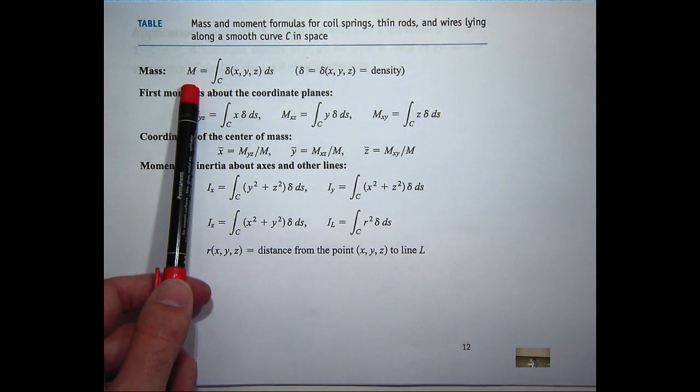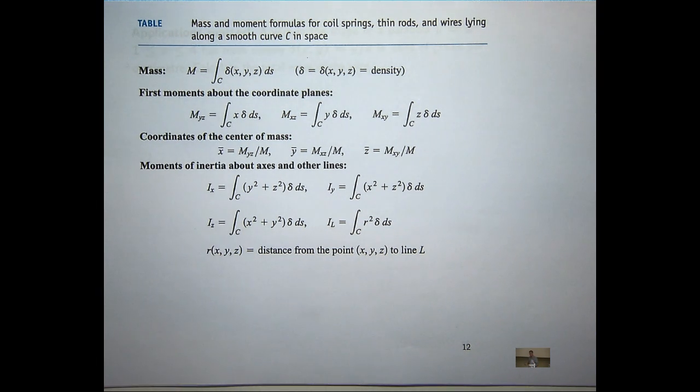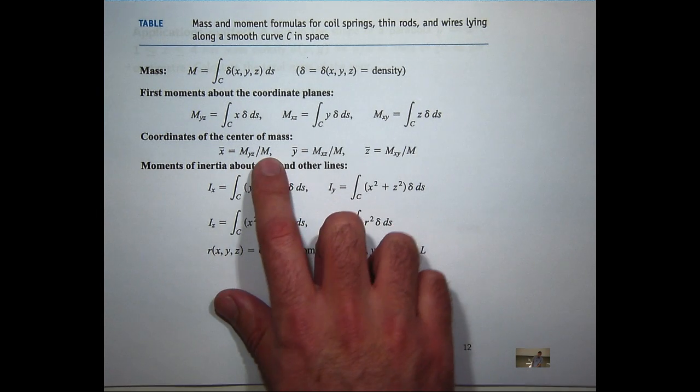To calculate the total mass, where delta is a density function, you just compute the path integral of that density function over the curve. There are some other ones here: the first moments about the planes and the centre of mass.